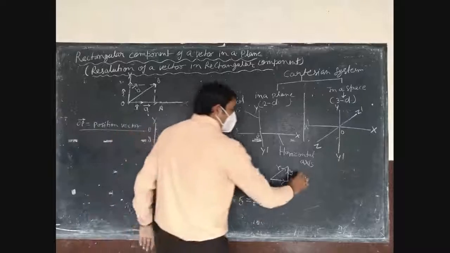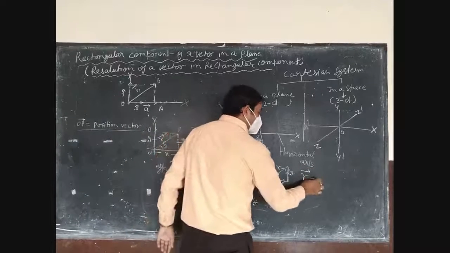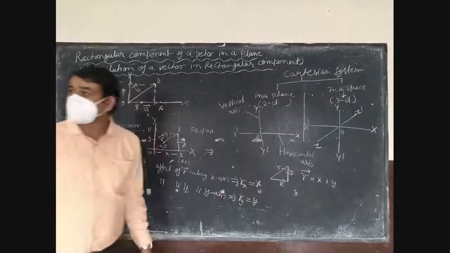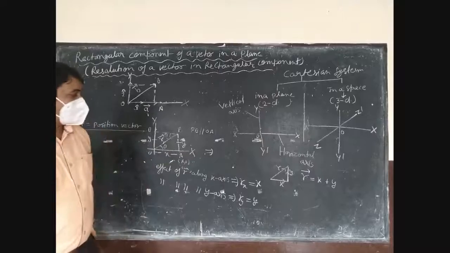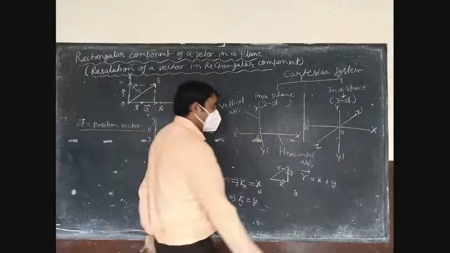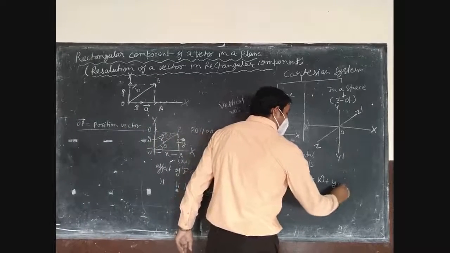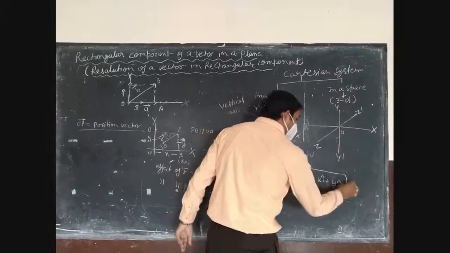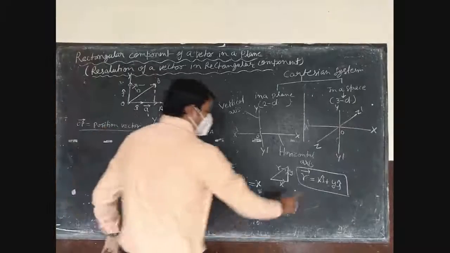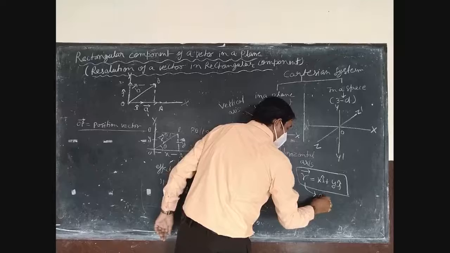So from the triangle, the resultant R is equal to x plus y. Clear? Now x is in the direction of the x-axis, and the unit vector in the direction of the x-axis is i cap, and for the y-axis is j cap. So this is the value of the position vector.